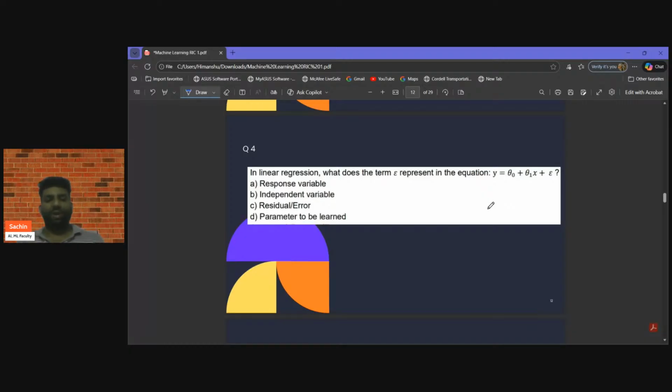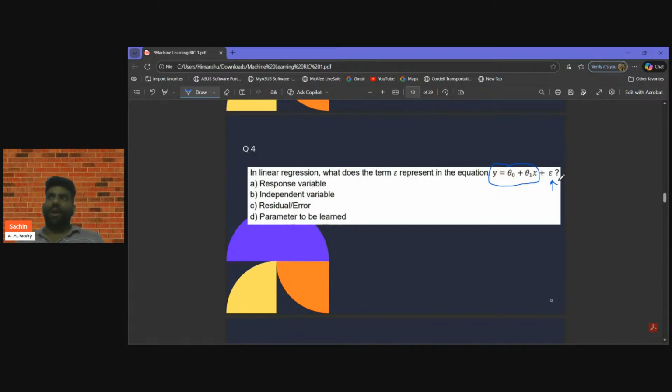So in linear regression, what does the term epsilon represent in the equation y equals theta naught plus theta 1x plus epsilon? The way we generally model is we only consider this part for modeling purposes. Now, what is this one which we talk about?